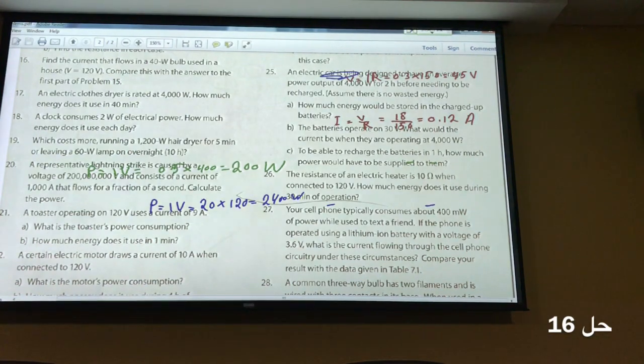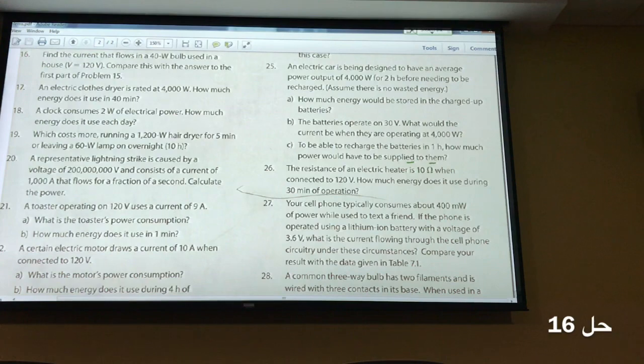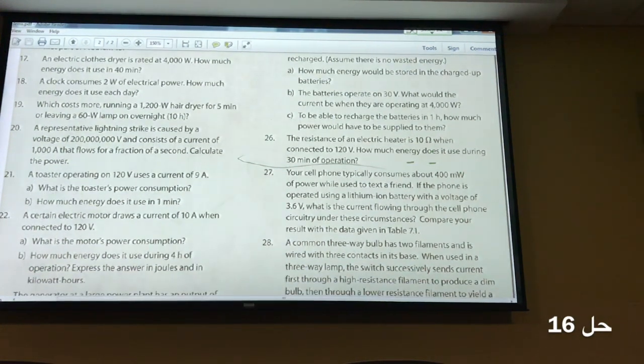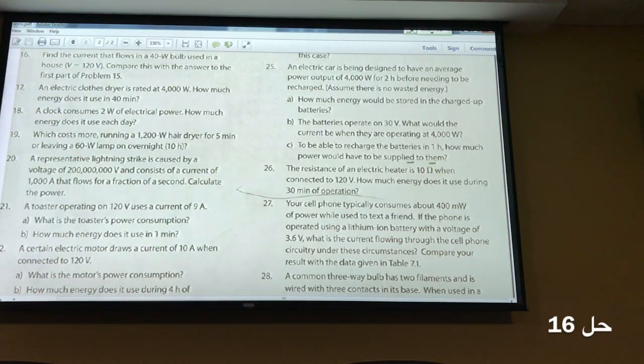Find the current that flows in a 40 watt bulb used in a house. Voltage is 120. Compare this with the answer to the first part of problem 15. So what are the givens in this case? We have the voltage and the power.